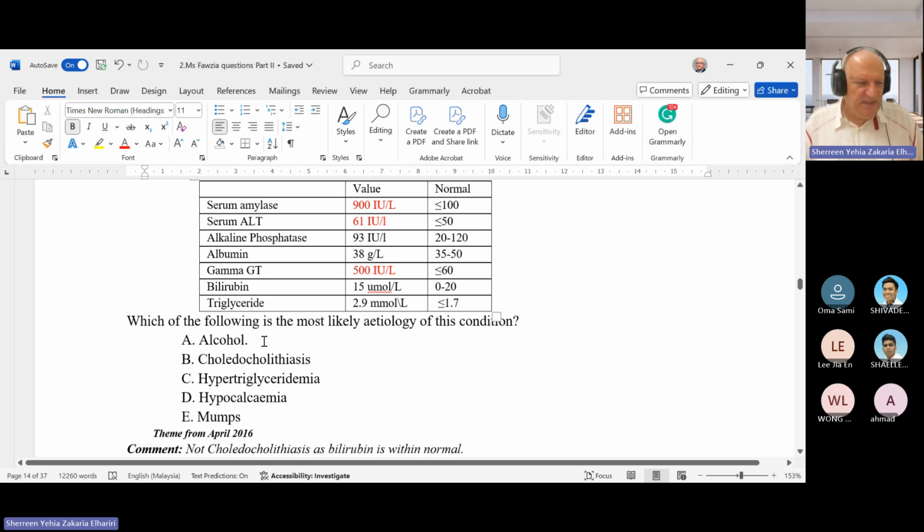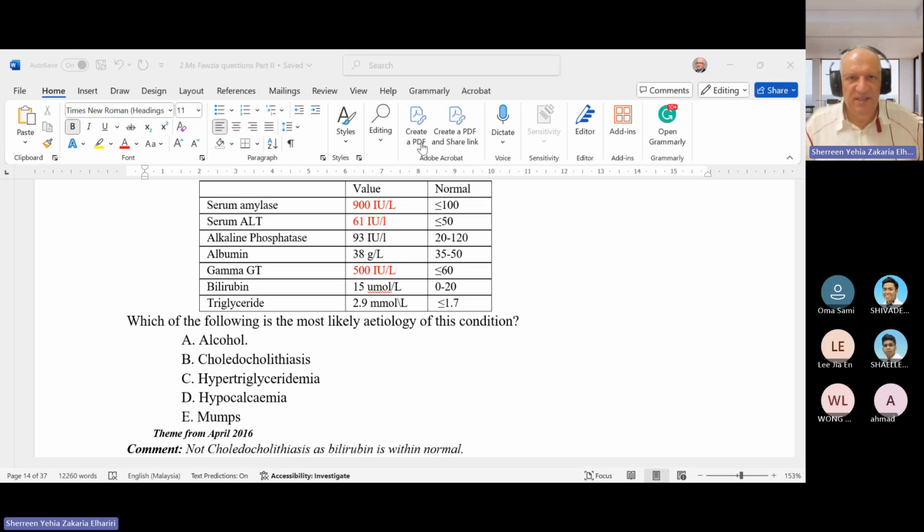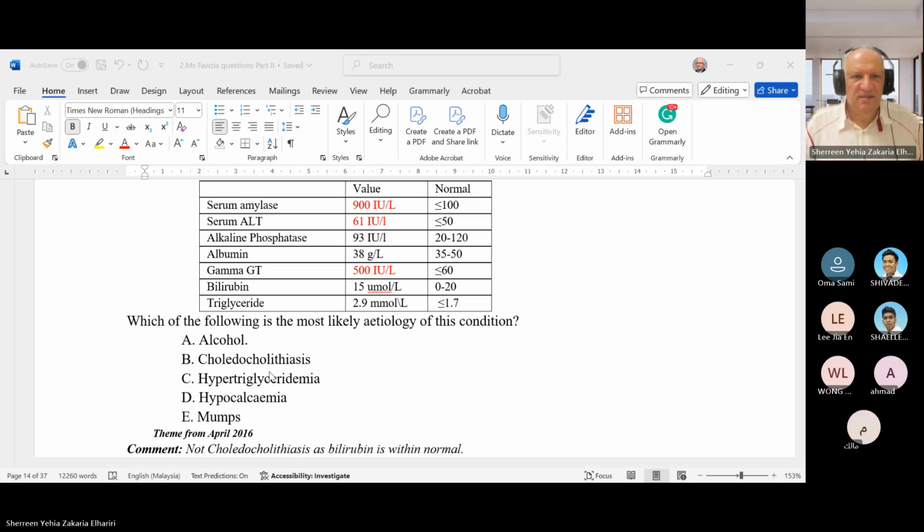After that, he mentioned cholelithiasis, meaning a stone in the common bile duct. If it is obstructive jaundice, bilirubin must be high. Bilirubin is normal, so it is not cholelithiasis.